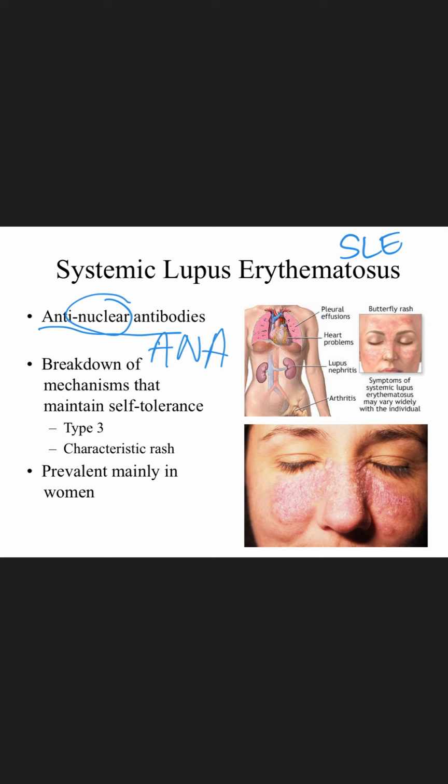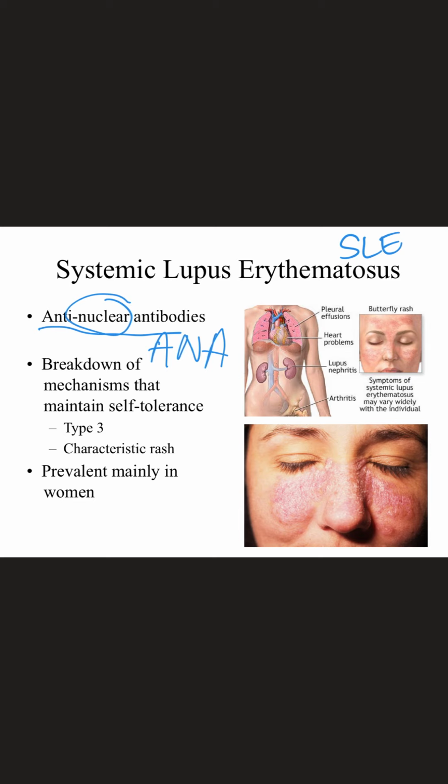So in this case, we have antibodies developed to specific components of the DNA. And this is something that causes a large amount of widespread downstream effects because of the non-specificity of ANA antibodies. Really, all cells in the body have nuclear material, so they can all be targeted by ANAs.